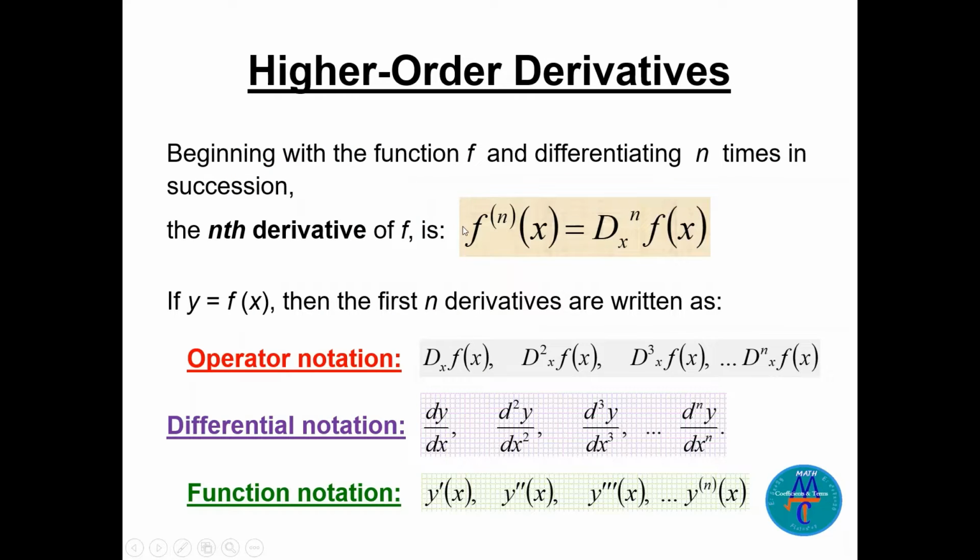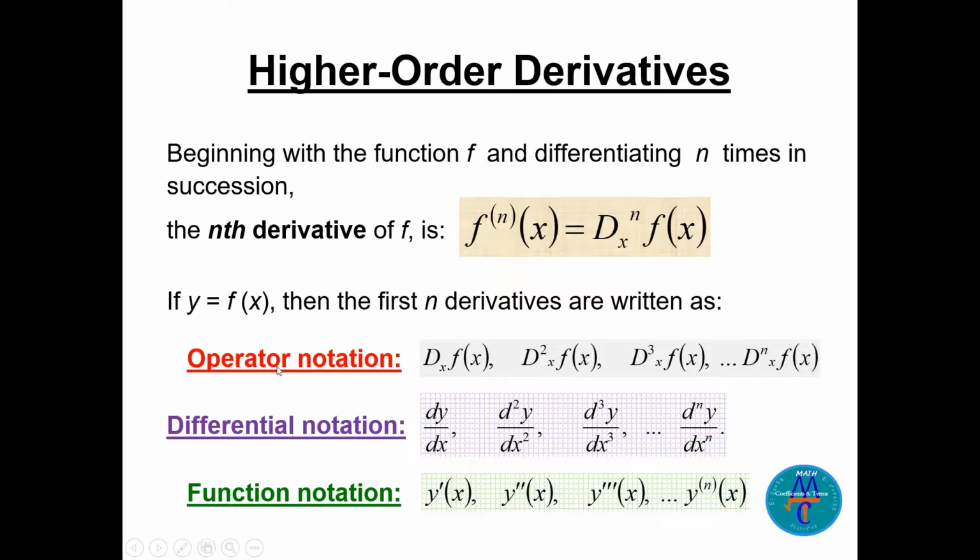Another way we can write this is the nth derivative. The nth derivative of x, we write capital D superscript n, just to denote the nth derivative. It can be second derivative, third derivative, fourth derivative of f. And we have many notations we can use.